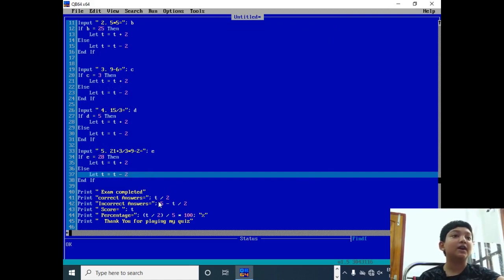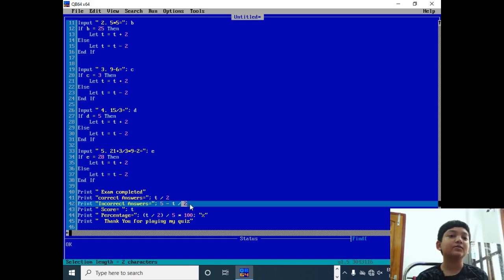Incorrect answer is 5 minus t divided by 2. Now t divided by 2 means 1 has the point. If I give t divided by 4 now, what will happen? Now t divided by 4 means for each question there is minus 1.